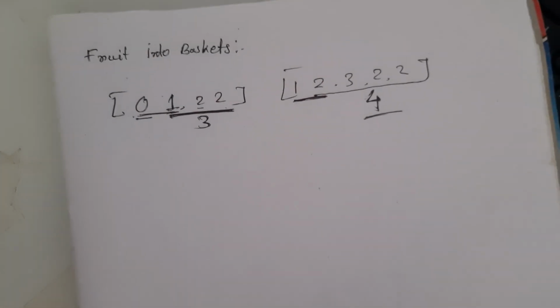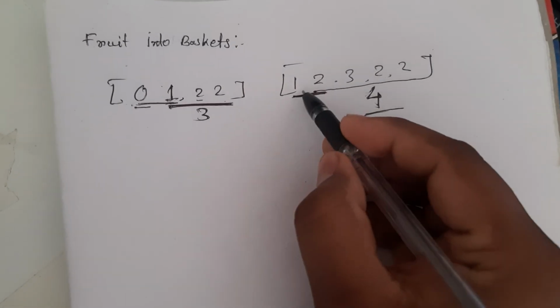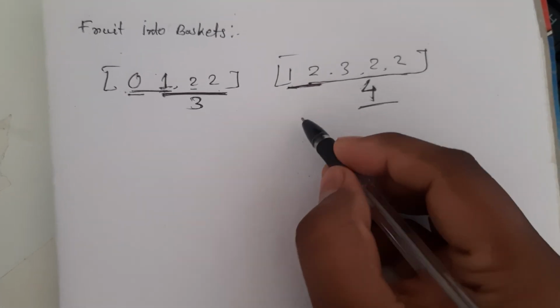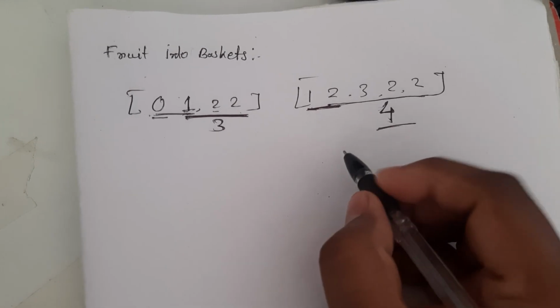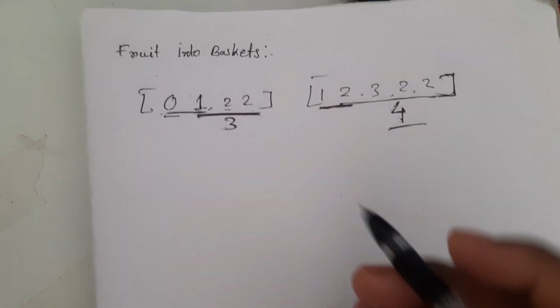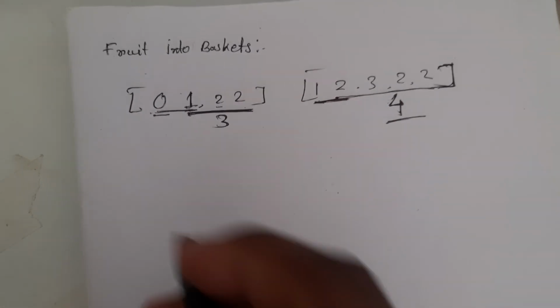So the problem basically implies that you need to find the length of the maximum subarray with at most two distinct elements. This is the simplified way you can think of it. So how can you solve this problem?